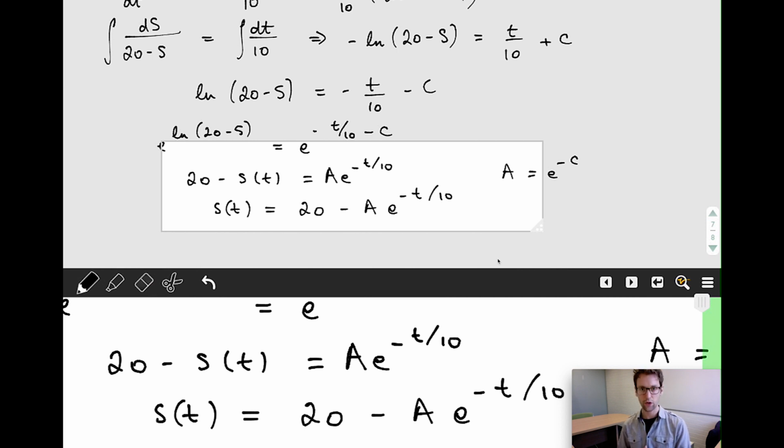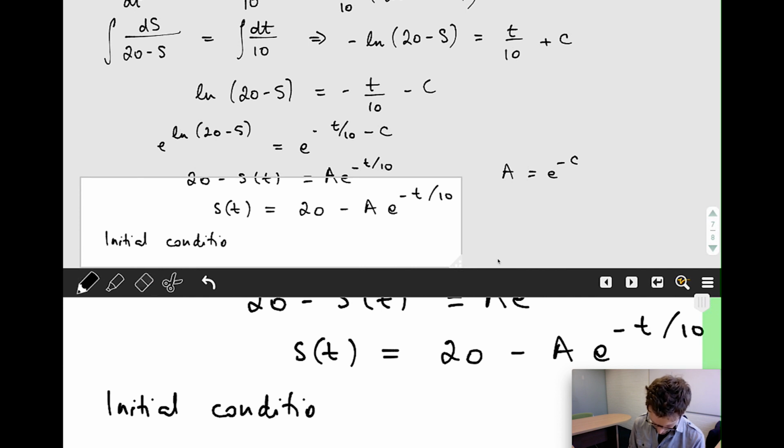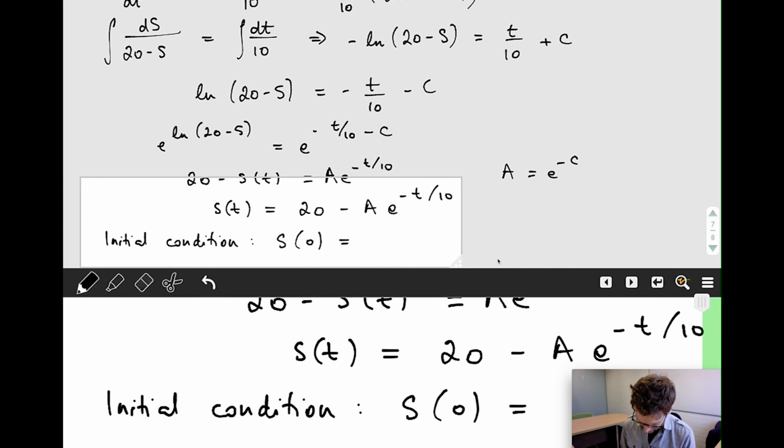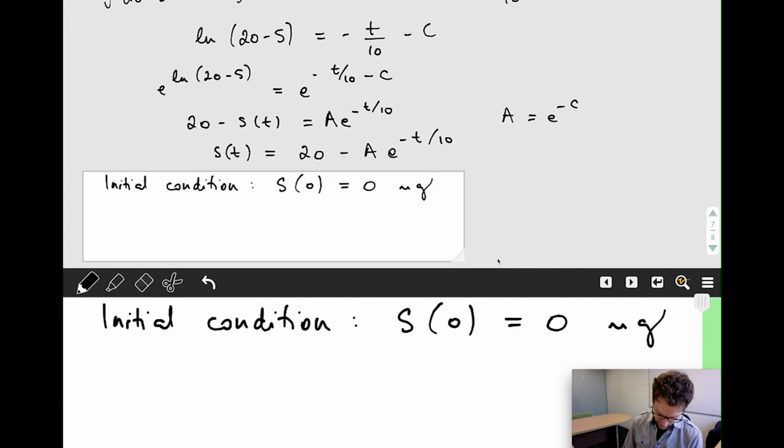Now we still have that unknown constant of integration, A. We're going to fix that using the initial condition, which is simply that there's no smoke in the air at the beginning. So S when t is equal to 0 is simply 0 milligrams. So let's put that in. When t is equal to 0 here, I get S is equal to 0.